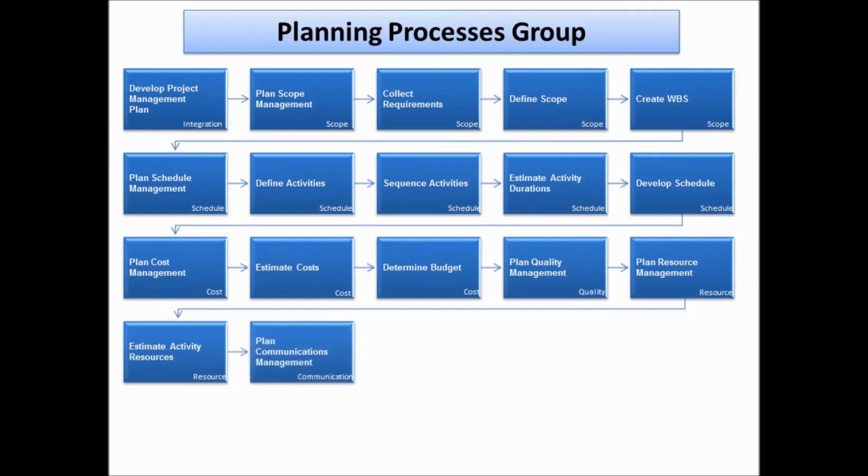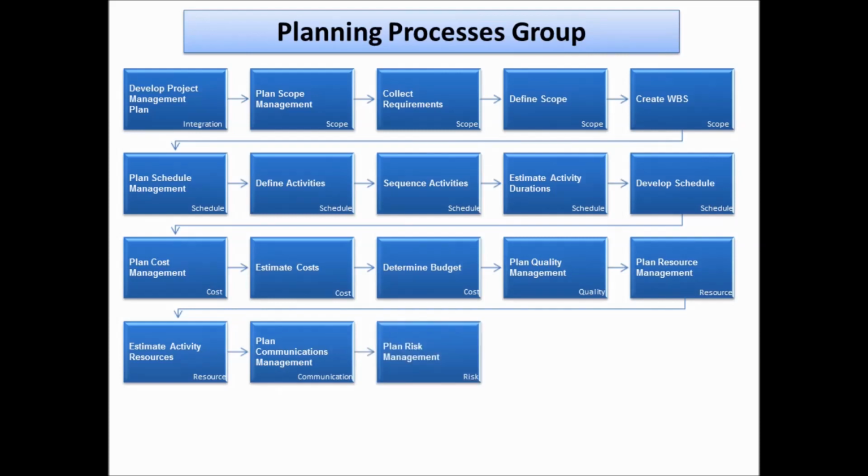Moving on with plan communication management. Here again, like I mentioned in all the other plans, we will build a plan as to who, what, how much, when, where the communication is done. Now remember, this is a key area as a project manager will spend almost 90% of his time communicating.